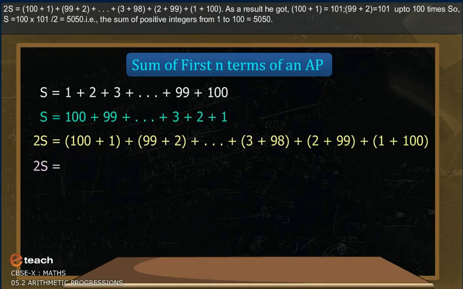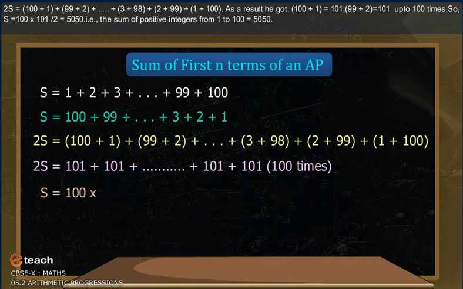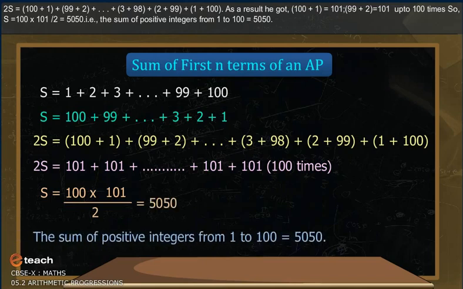As a result, he got 100 plus 1, 101, 99 plus 2 is equal to 101, up to 100 times. So, s is equal to 100 into 101 divided by 2 is equal to 5050. That is, the sum of positive integers from 1 to 100 is equal to 5050.